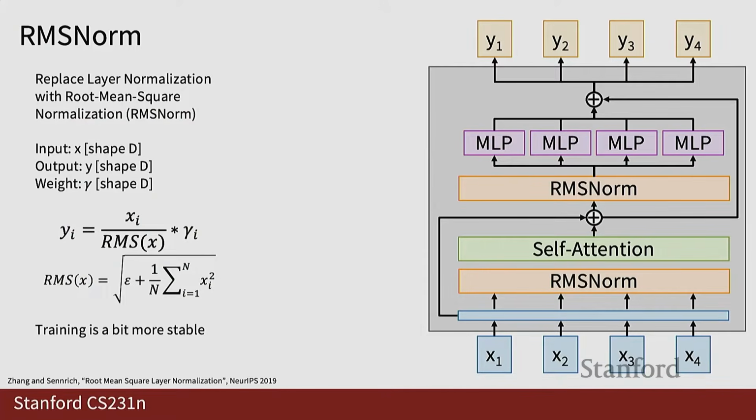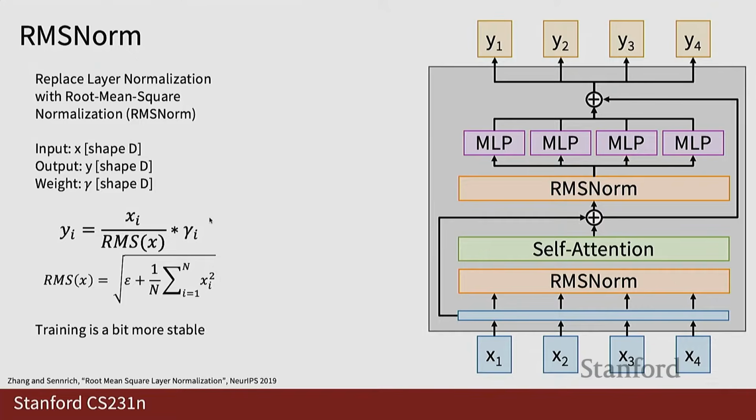There are also other ways of normalizing. There is RMS norm, root mean square normalization, which is a very basic type of normalization. For each of the features, it doesn't use the mean value of the feature for normalization, but this makes the training a little bit more stable.